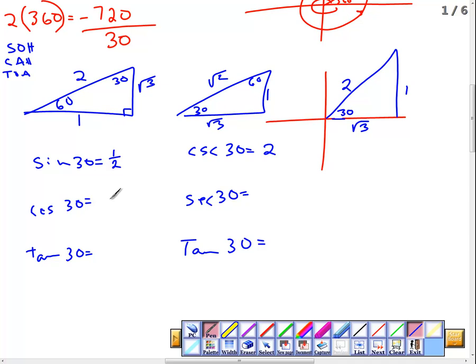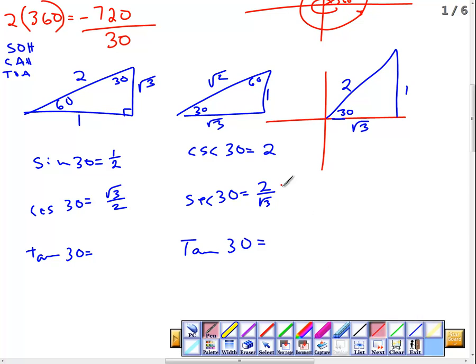All right, how about cosine? Harley? Square root 3 over 2. Good. Square root of 3 over 2. And secant? 2 over square root of 3, but you got to rationalize that, right?